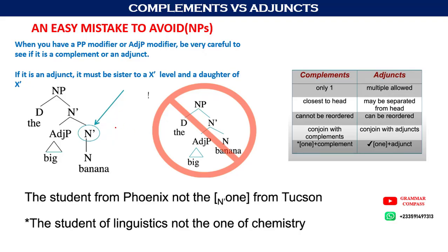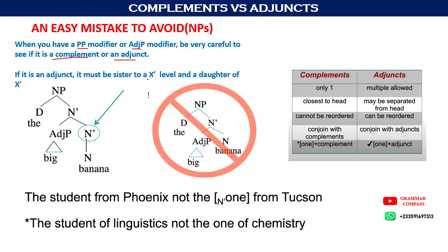So here is a mistake that you have to avoid when you are drawing trees of this nature. When you have a prepositional phrase modifier or an adjective phrase modifier, you have to be careful to see if it is a complement or an adjunct. So if it is an adjunct, what have we said about adjuncts?